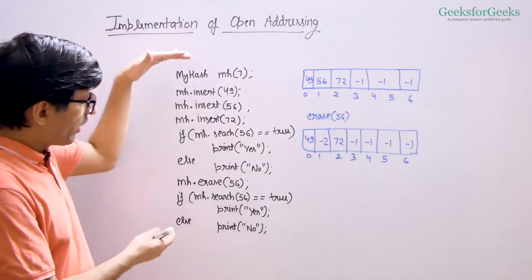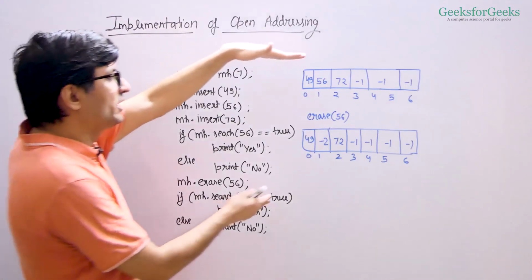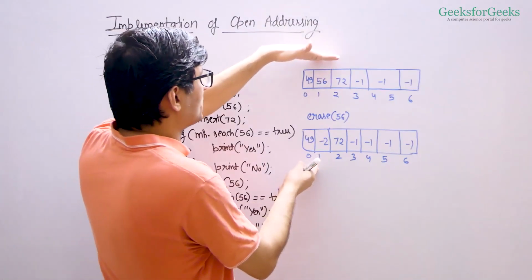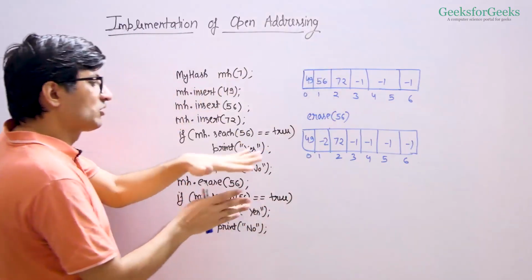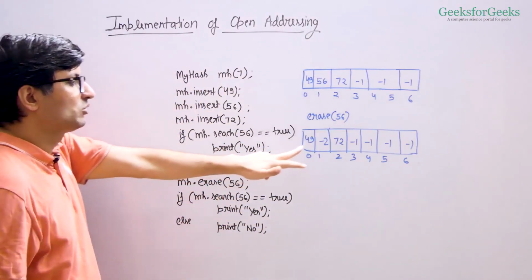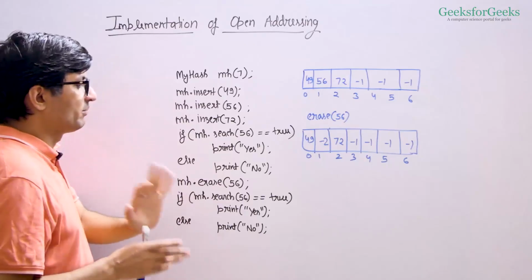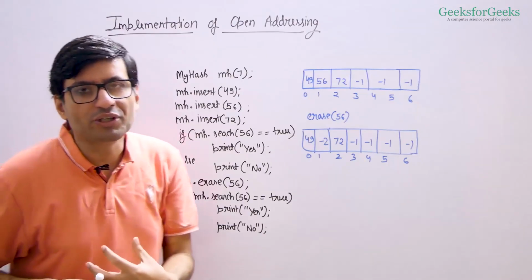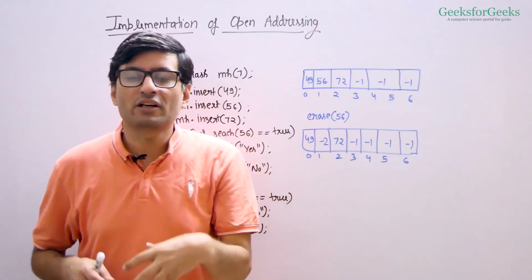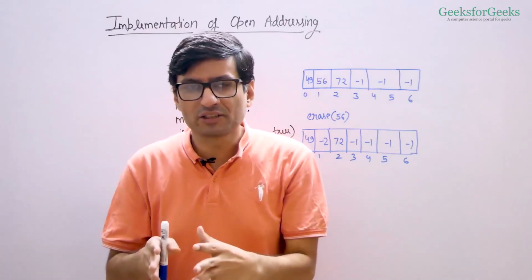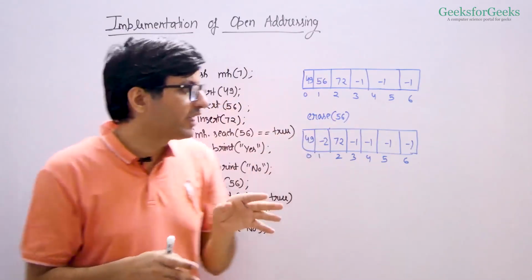So this is the requirement of this function, and this is the internal representation which you are supposed to make, right? You may assume -1 and -2 are not present. -2 means deleted, -1 means empty. Now please pause this video and try to create a class myHash, and inside this class write all these functions.